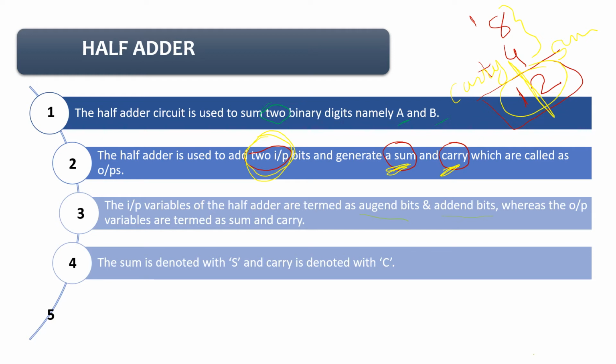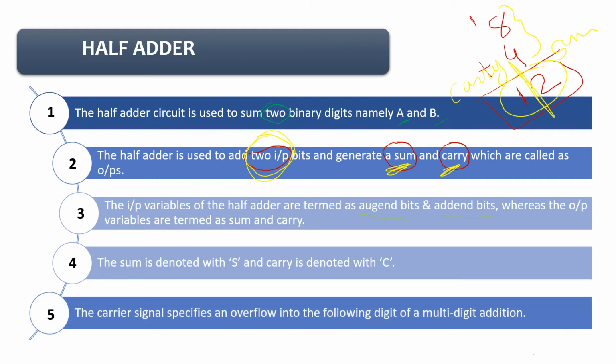And the very last point: the carry signal specifies an overflow into the following digit of a multi-digit addition. Remember, it's a very important point. Yes, multi-digit addition. See, if we consider this 8 plus 4 example, what happens when you say 8 plus 1? You will get 9.